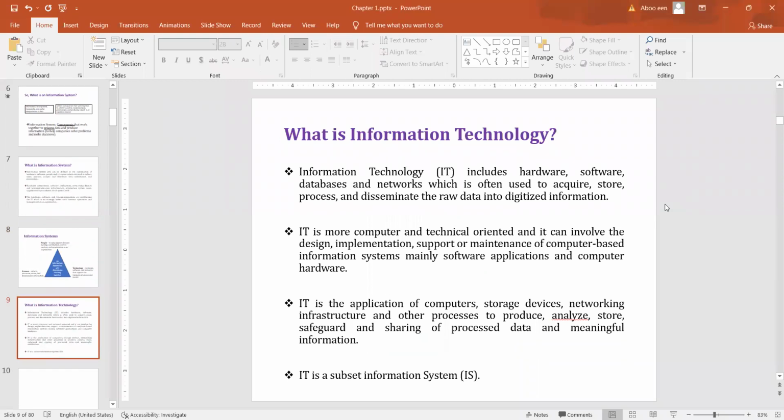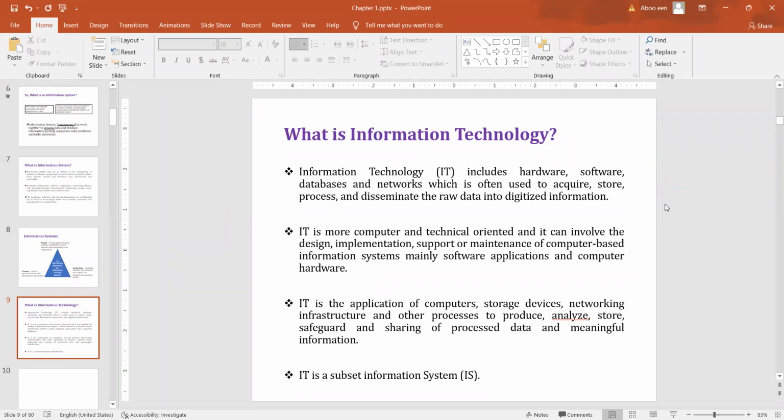So information technology includes hardware, software, databases, and network, which is often used to collect, store, process, and disseminate raw data into digitized information. IT is more computer and technical oriented, and it can involve the design, implementation, support, or maintenance of computer-based information systems, mainly software applications and computer hardware.